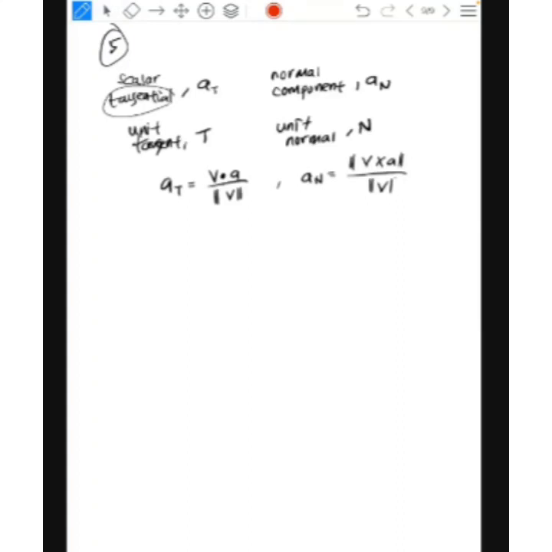Okay, let's look into 5A. We have R equals to exponent T i plus exponent T j equals to 0.